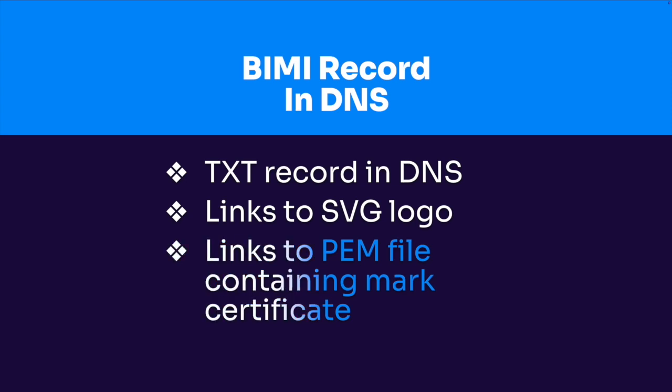The BIMI record also contains a link to a PEM file, which contains the mark certificate, the VMC or CMC, that shows that the company behind this email domain has been vetted and verified appropriately by the certificate authority, the vendor that sells the VMC or CMC to the domain owner.